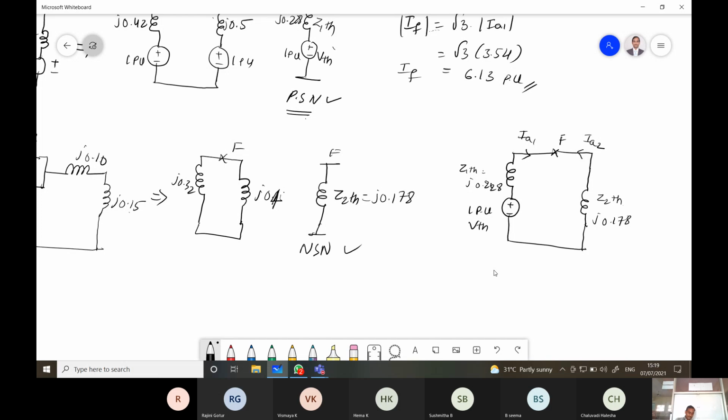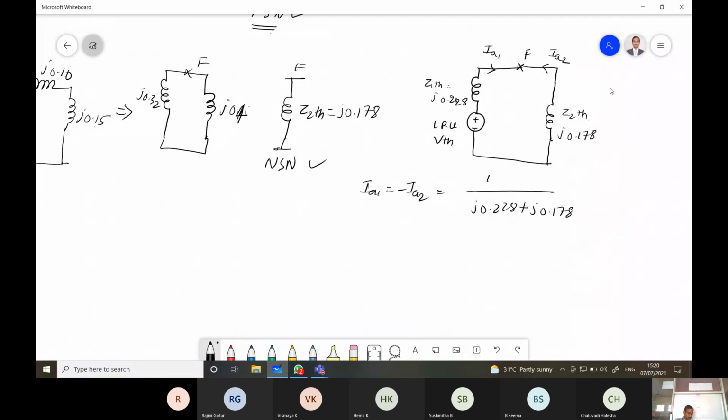So in this, IA1 is equal to minus IA2, equal to 1 per unit divided by J 0.228 plus J 0.178. How much is it? Minus J 2.463 per unit.